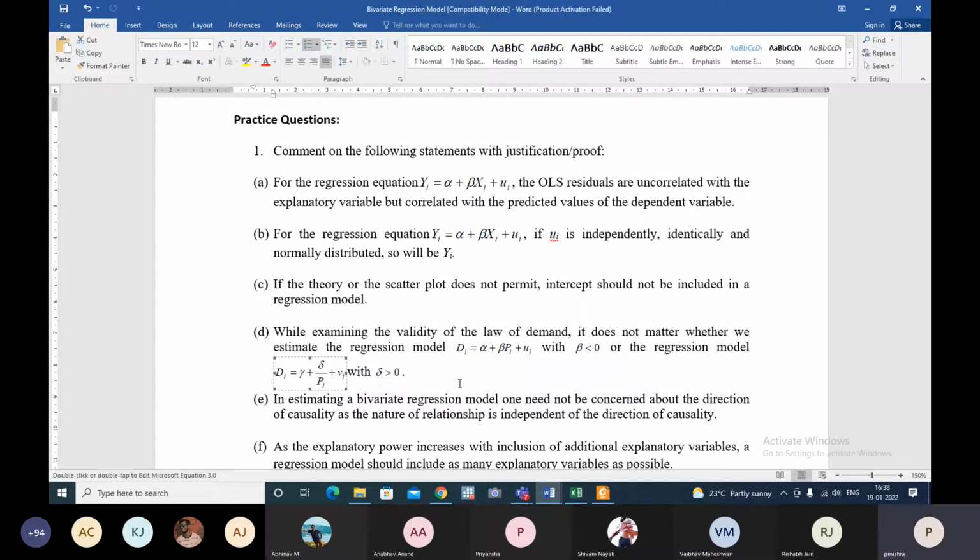So what we can do? We can have a scatter plot between price and quantity demanded, and we can see, even if it is an inverse relationship, whether it is linear or quadratic, we need to see that as well. And then, what are the asymptotic properties?